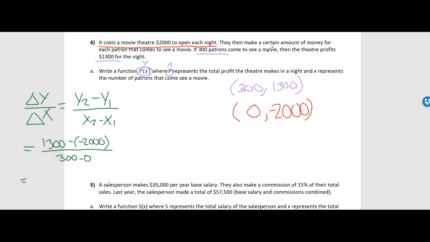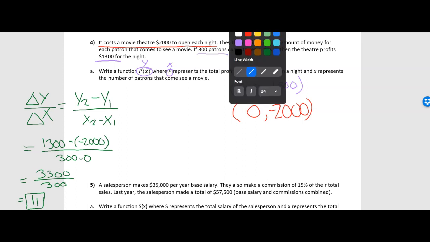That's going to give me 3,300 over 300. That gives me 11. So my slope is 11, and essentially that means that it costs $11 for people to come and see a movie, $11 per ticket.